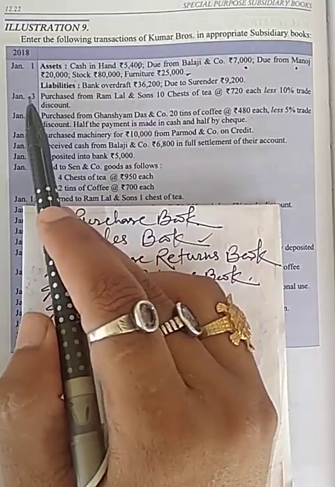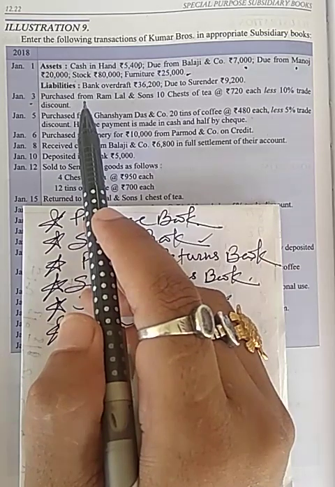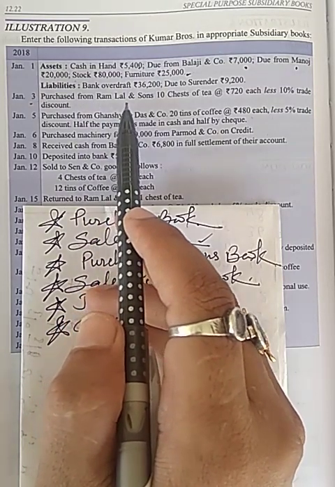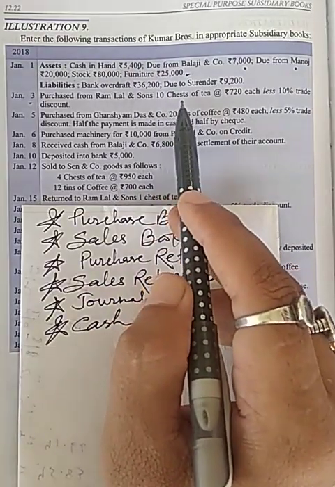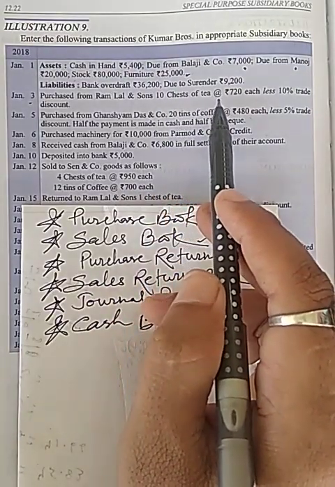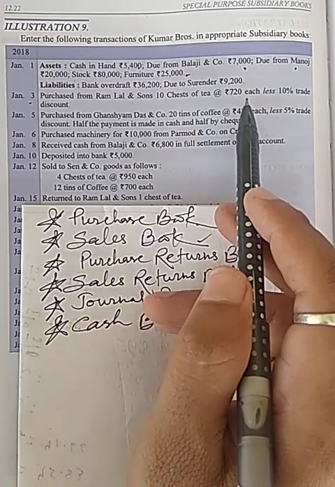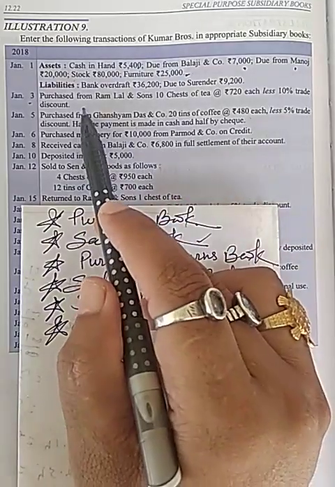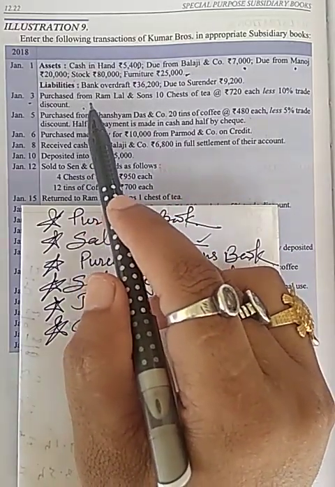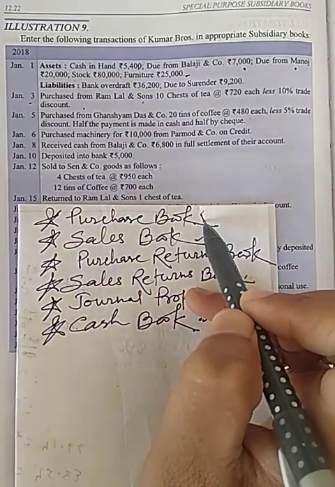The second transaction is saying purchase from Ramlal and Sons 10 chests of tea at the rate of 720 each less 10% trade discount. So it is a purchase on credit, it will be recorded in purchase book.